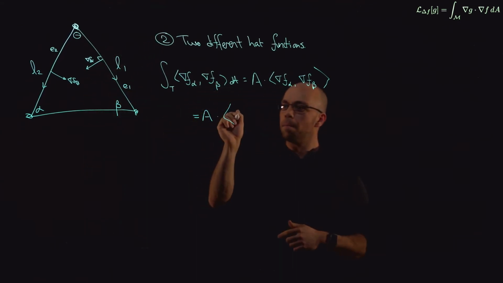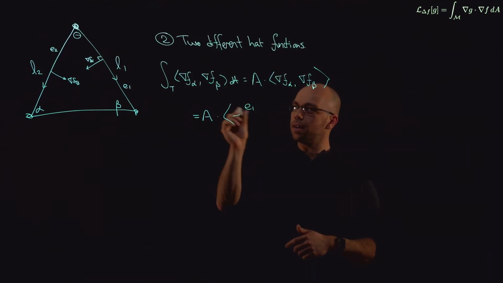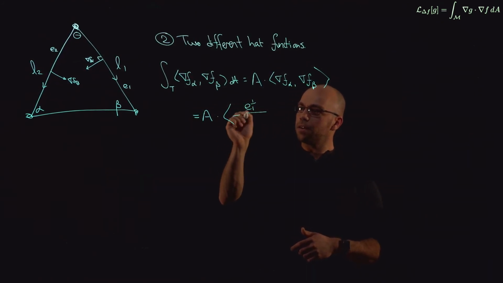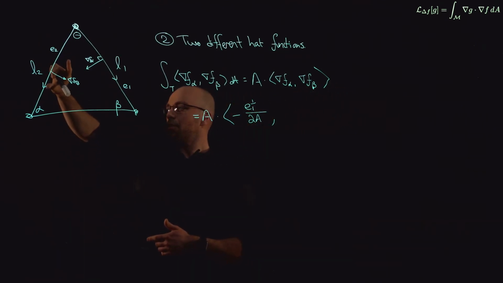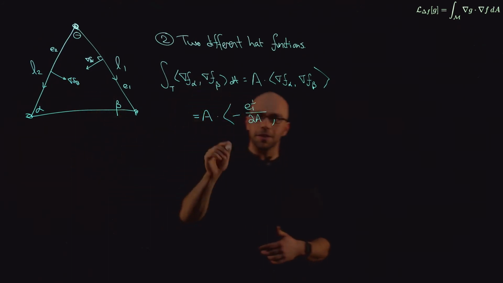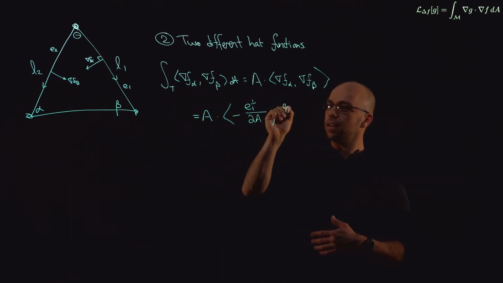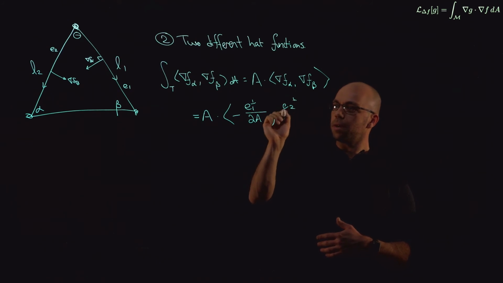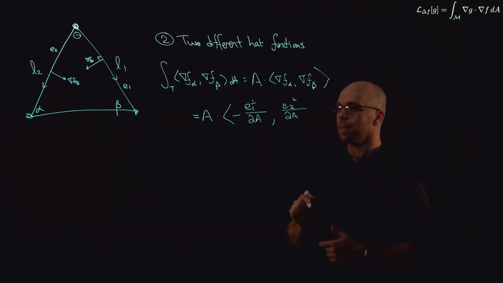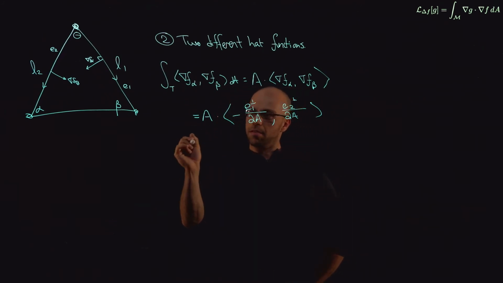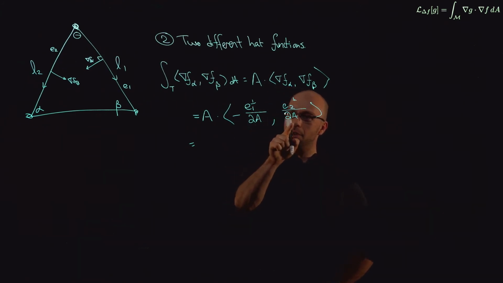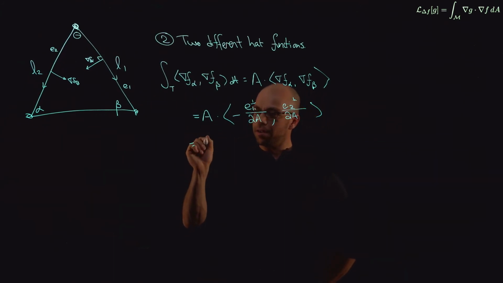So we actually have minus E1 perp divided by 2 times the area. And now here, if we rotate counterclockwise, we get it in the right direction. So this is E2 perp divided by 2 times the area, like that. Okay, so in other words, what we're going to get is, well, we have a 1 over 4 area squared and an area here. So we get 1 over 4 area.